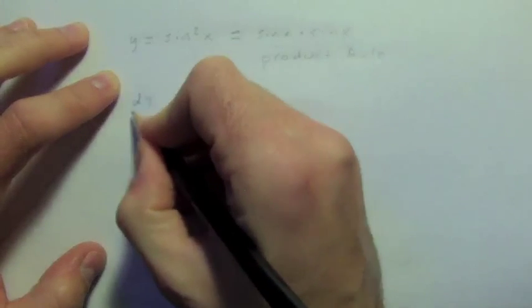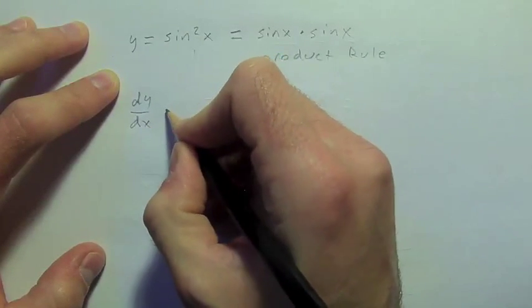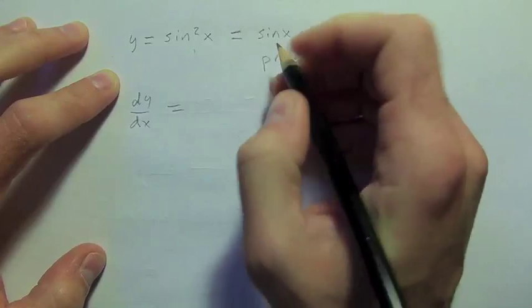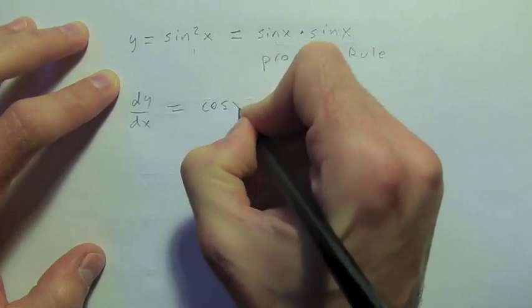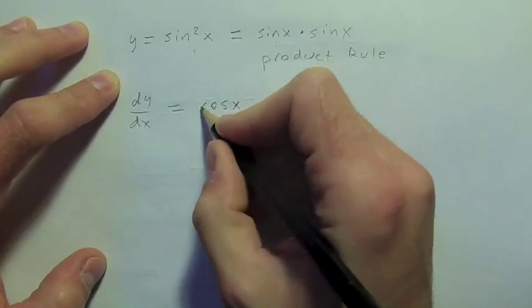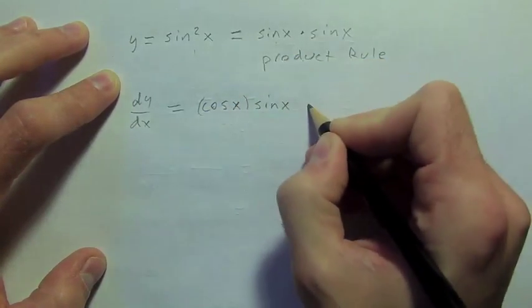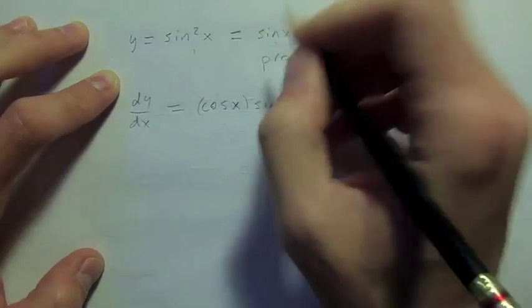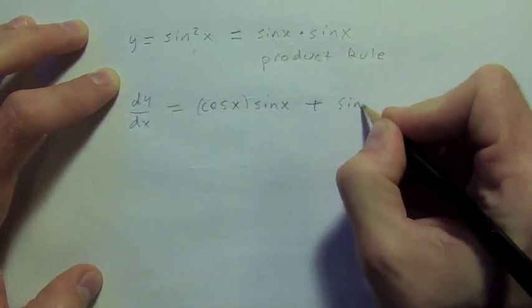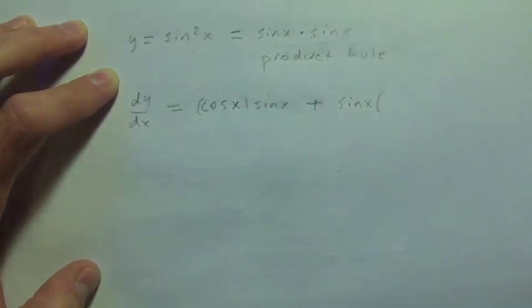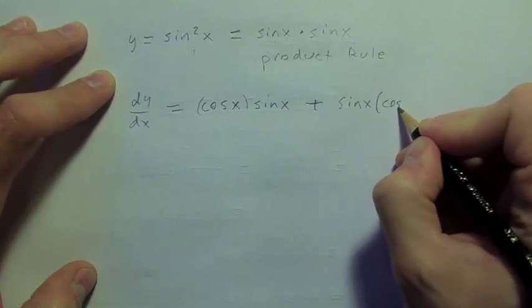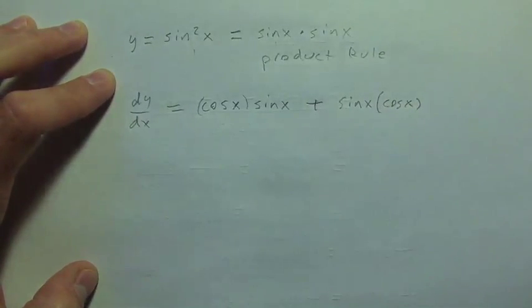So when we take the derivative, it will be the derivative of the first, which is cosine x, times the second guy left alone, plus the first guy left alone, times the derivative of the second guy, which ends up being cosine x.